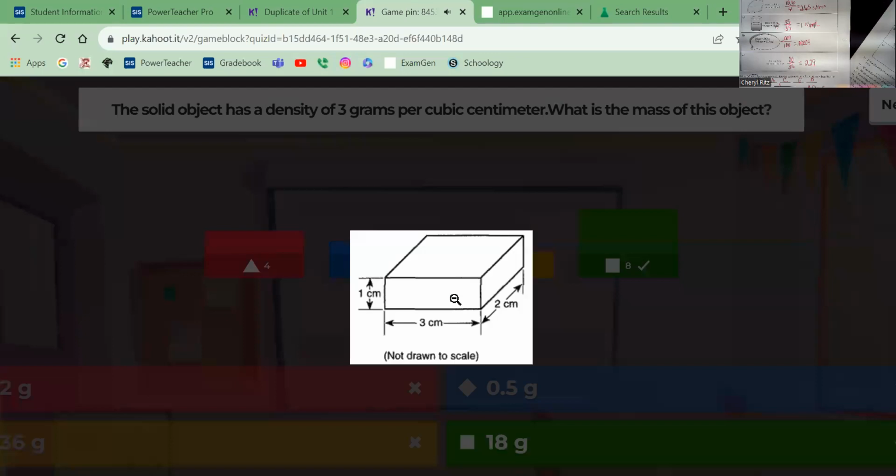Using the magic triangle, mass equals M on top, density and volume. Cover up the M, you're left with M equals D times V. The D was 3. 3 times 1 is 3, times 2 is 6. The answer should have been 18.